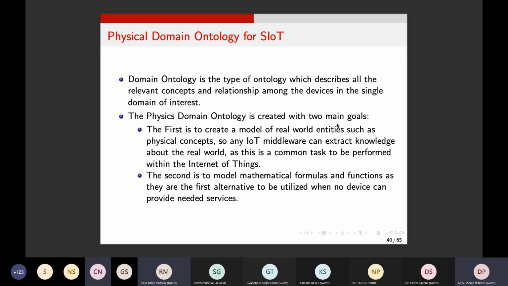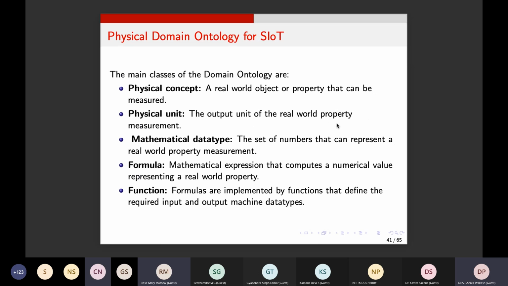So in this domain ontology, there are different classes. Okay, so one is the physical concept. Right? It's a real world object or property that can be measured, whereas the physical unit is the output unit of a real world property measurement.